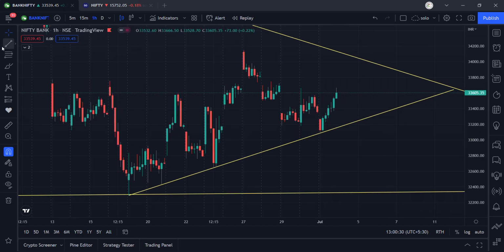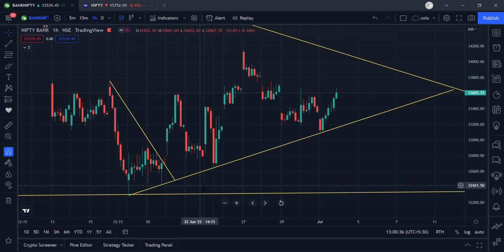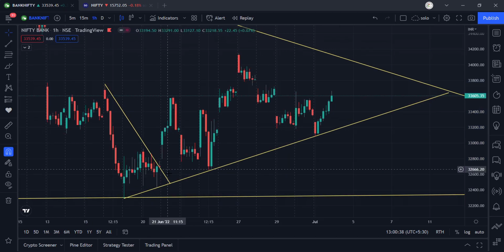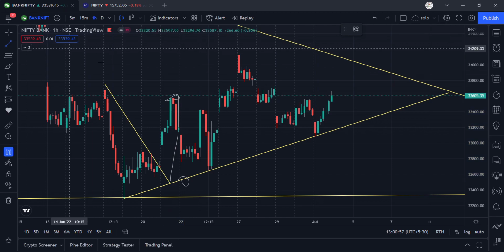Now I want to show you something more, and that is I want to counter this trend line also. See, I have countered this trend line even. Then I got a result: after breaking this, we can see a huge bounce from here to here. And again I want to counter this.